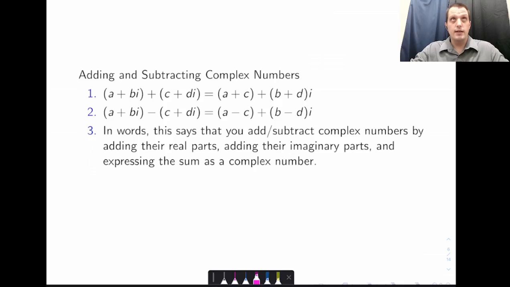Adding and subtracting complex numbers. If I have the quantity a plus bi, and I'm adding to it the quantity c plus di, this is equal to a plus c.